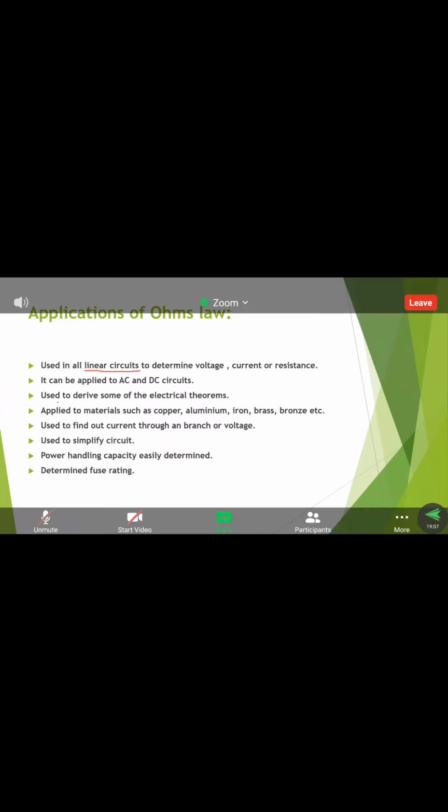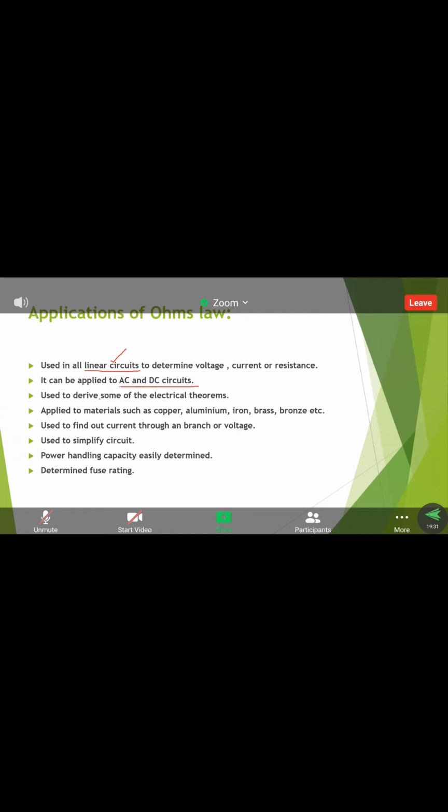Second application, it can be used for both AC and DC supply. If you are using AC, Ohm's law is valid. If you are using DC, Ohm's law is valid. But the condition is that those should be linear circuits only.